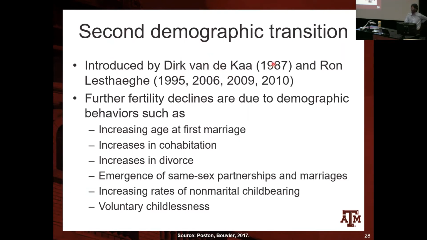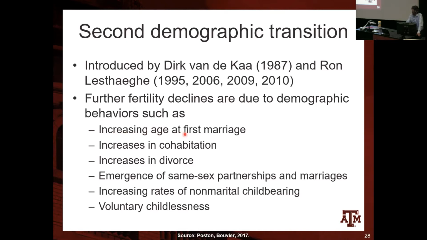So Dirk van de Kaa and Lesthaeghe suggested that further fertility declines are due to other demographic behaviors. And a lot of these behaviors are exactly what we are experiencing right now in the US, what we saw in chapter 13.